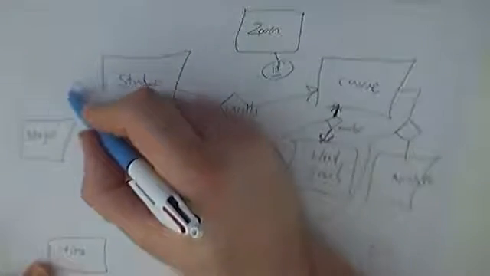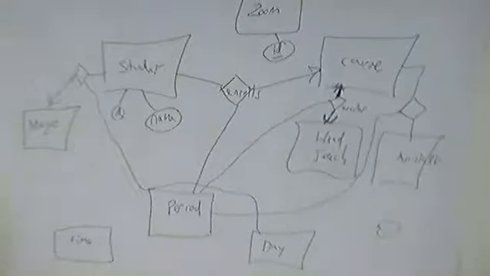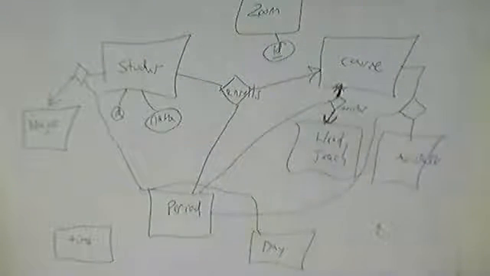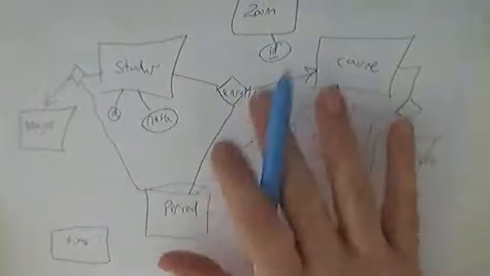Student day determines a major. Then we had the whole issue of when the Zoom meetings are meeting. Anyways, you get the idea. It's going to be a pretty messy diagram, but you could continue with this and get to a point where you'd be fairly happy, and then you could make it so it gets pounded out to relations. If we get the time, we'll come back to this and see what that would look like.